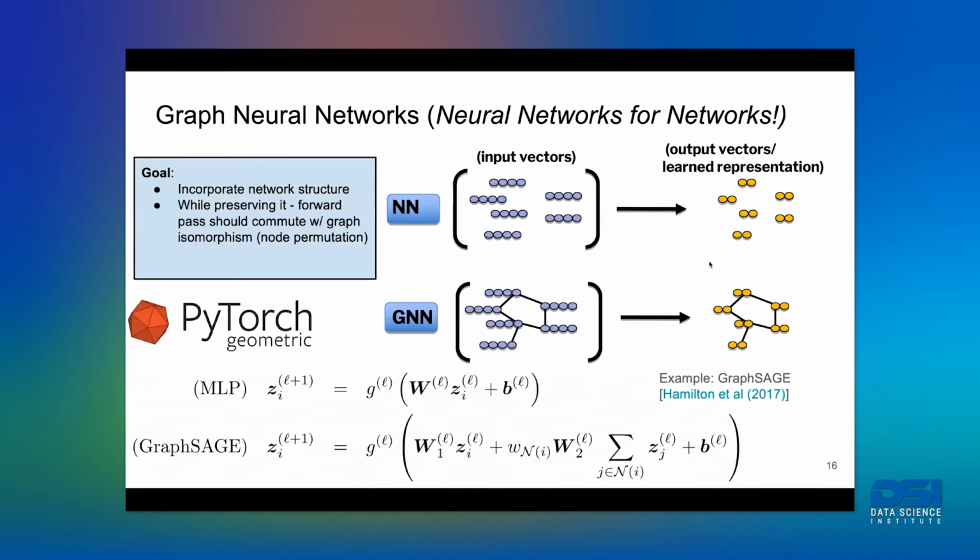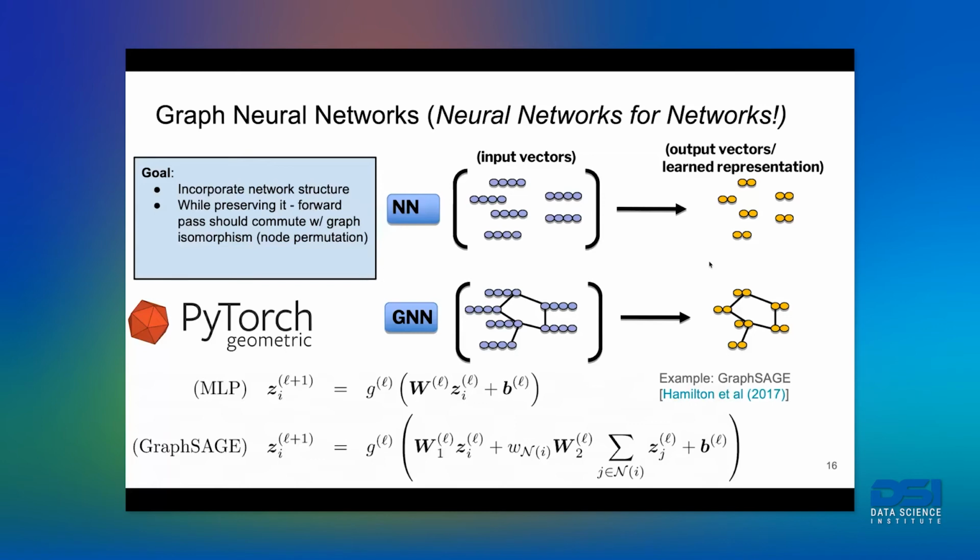In other words, if I scramble up the nodes and I change their ordering, that's kind of a superficial change to my graph. I'm not changing it. I'm just relabeling which node I'm calling node 1 and which node I'm calling node 2. And that should, whether or not I do that, if I apply the data to the graph neural network, I should get the same result.